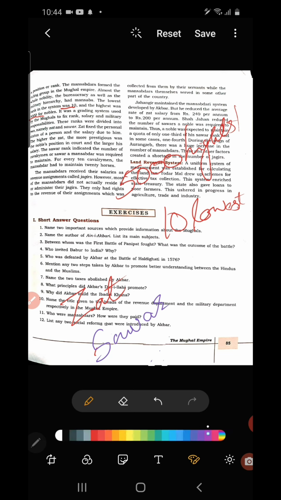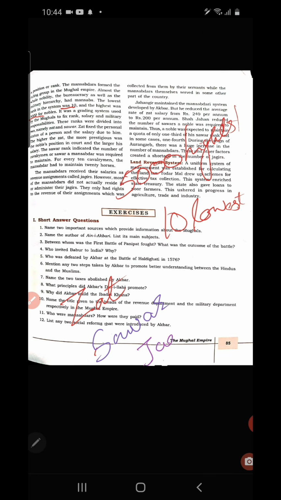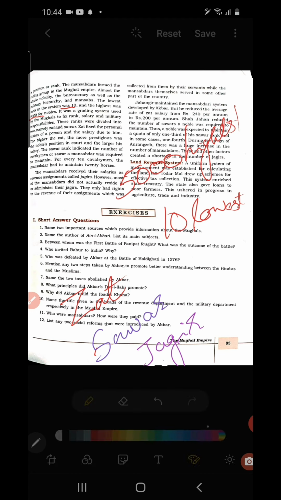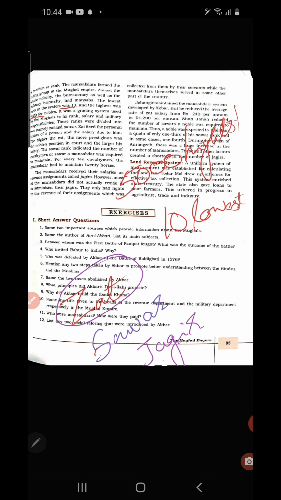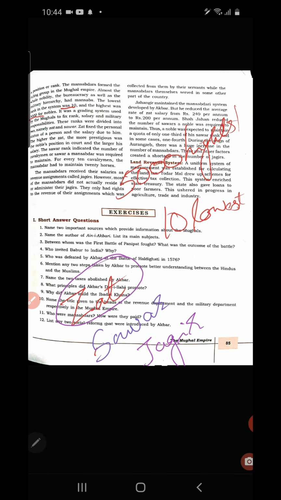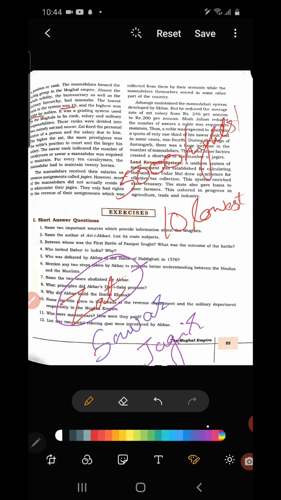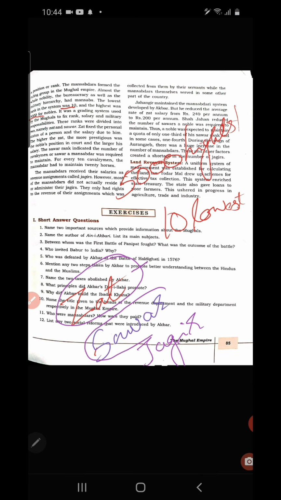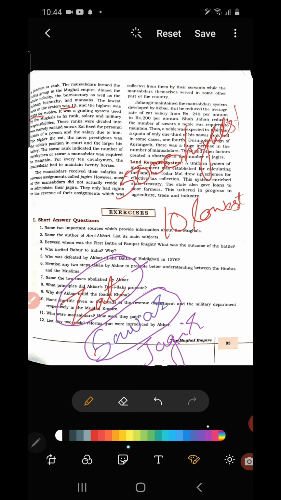Zat means according to the position, how much salary is paid to an officer. Accordingly, he got a particular respect and position in society. That is called Zat.